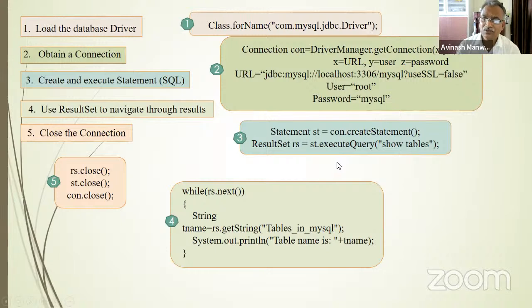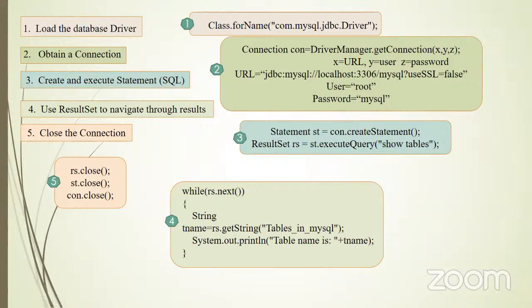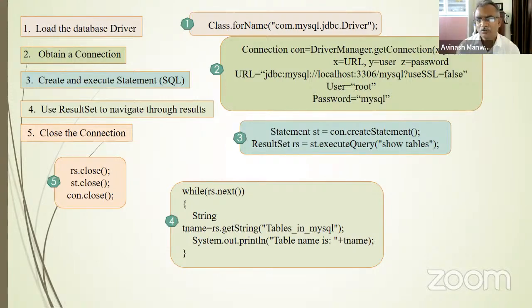So when to use executeQuery and when to use executeUpdate. executeUpdate is used for data manipulation queries, meaning any queries which will alter the database tables. If you are firing such queries, the method you have to use is executeUpdate.